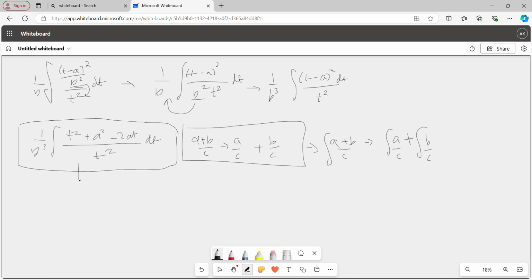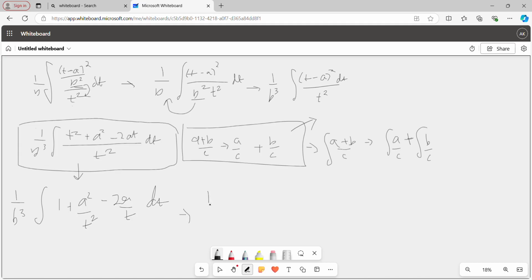Okay, let's just continue our spree. So 1 by b cube integral (1 plus a square by t square minus 2a by t) dt. Now let us separate our terms according to this expression we've just obtained.